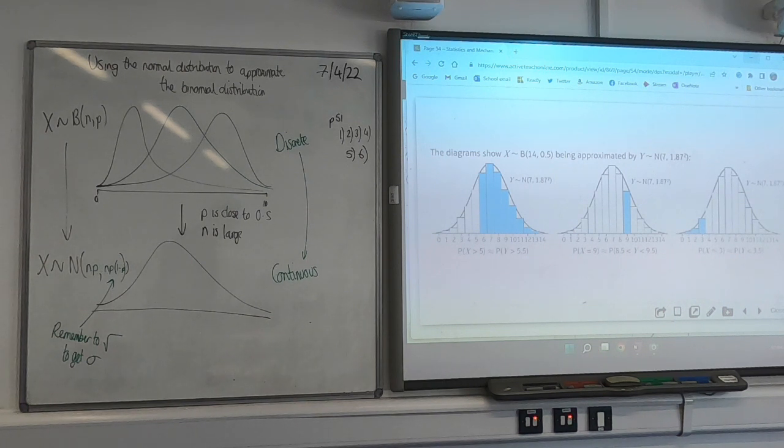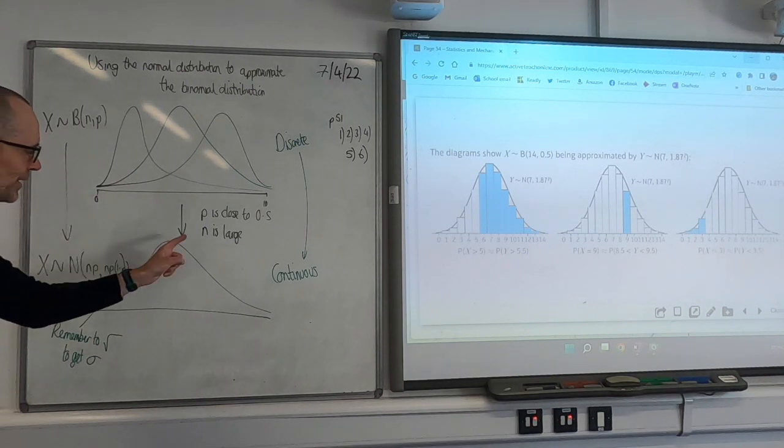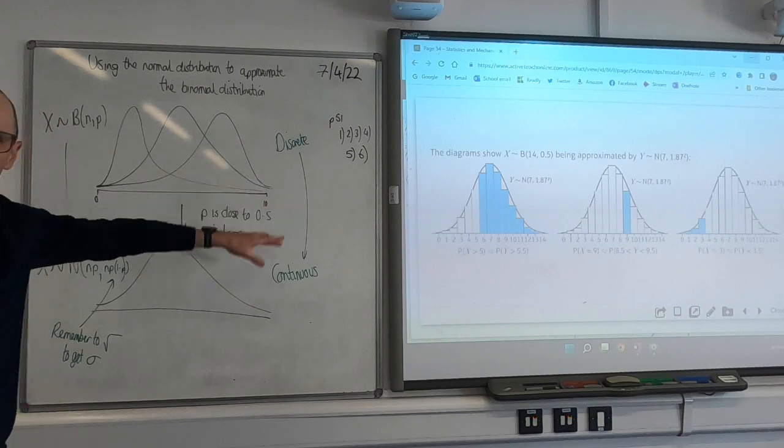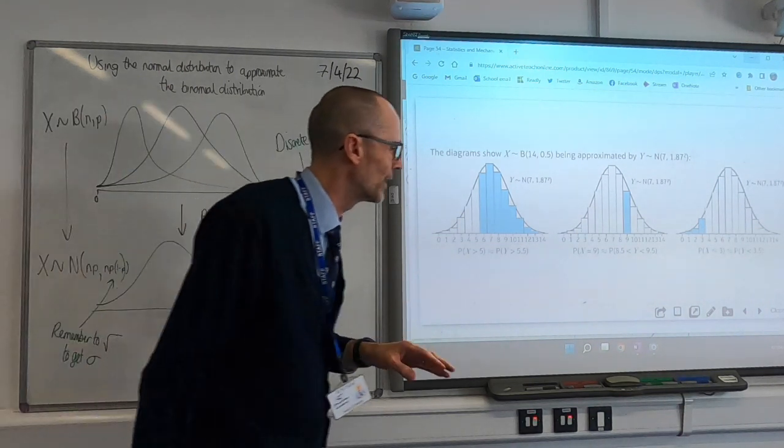So you don't need to remember those two things. So there's quite a lot going on here. We need p to be close to a half, we need n to be large. We've got a way of working out the mean and standard deviation, or the variance, which we square root to get the standard deviation. We still haven't dealt with this problem. So let's look at an example.